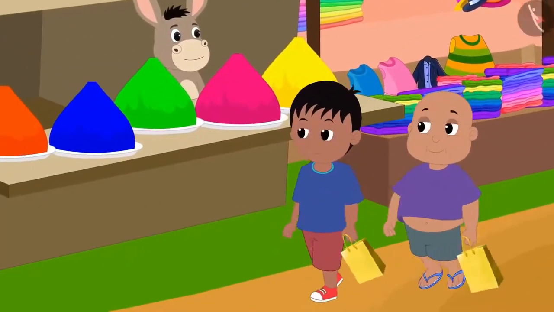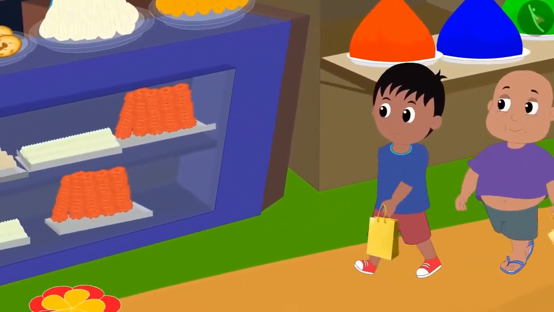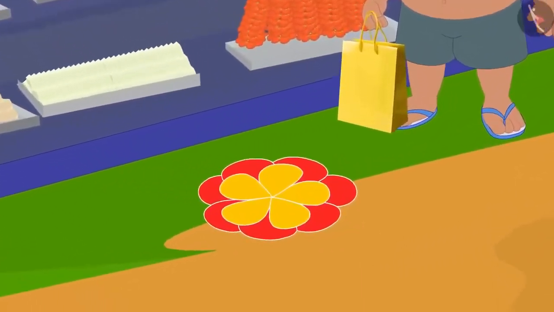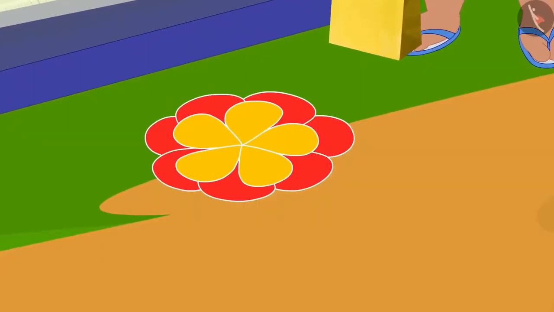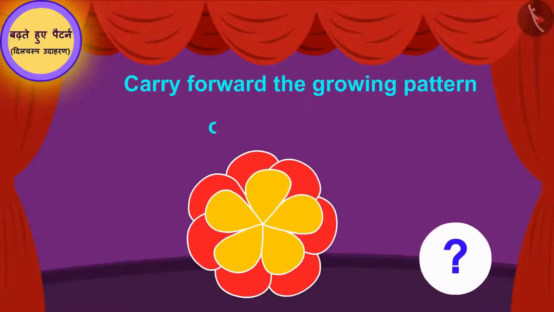Now, Raju and Bablu have come to Appu's shop to buy sweets. Such a beautiful rangoli is made in front of Appu's shop. Children, can you carry forward the growing pattern of rangoli at Appu's shop?